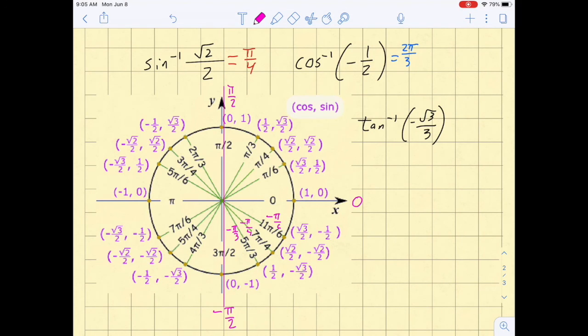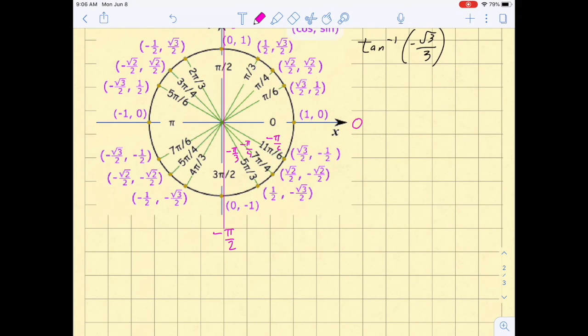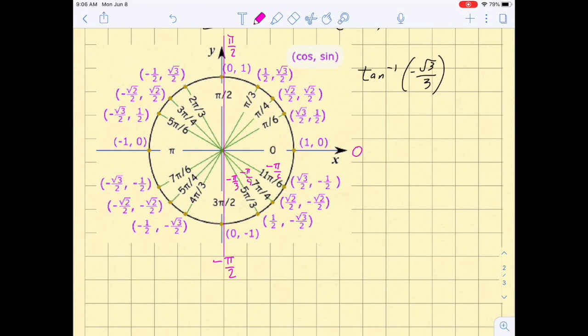Okay. When is the tangent negative root 3 over 3? So we come down here and we say, well, let's see. Tangent is sine over cosine. Well, what about right here? This will be negative, and we'll have negative 1/2 over root 3 over 2, which is going to be negative 1 over root 3.